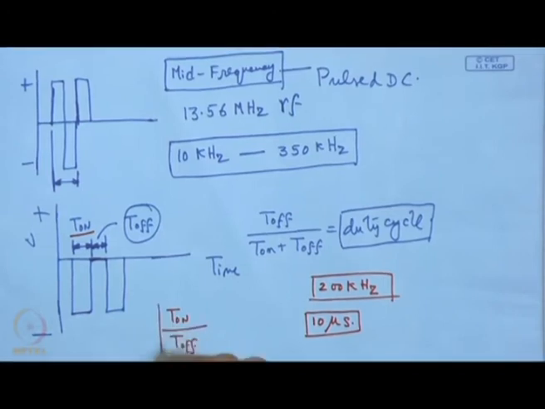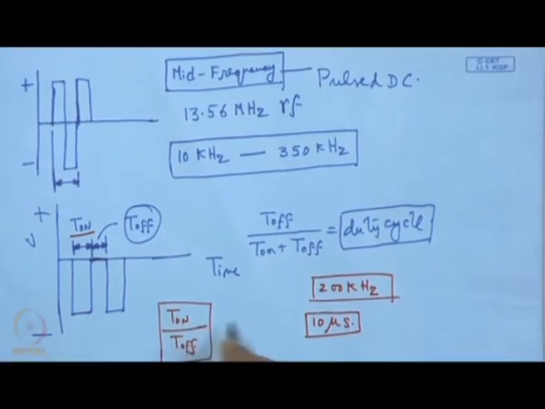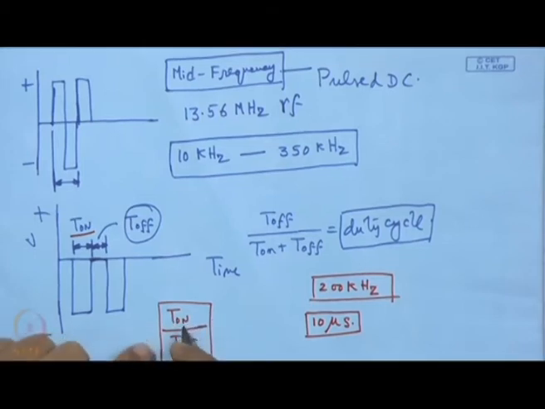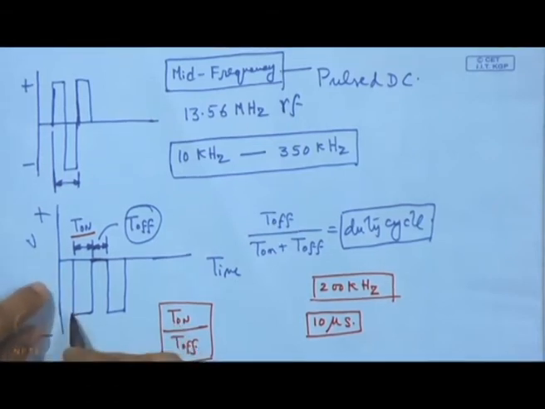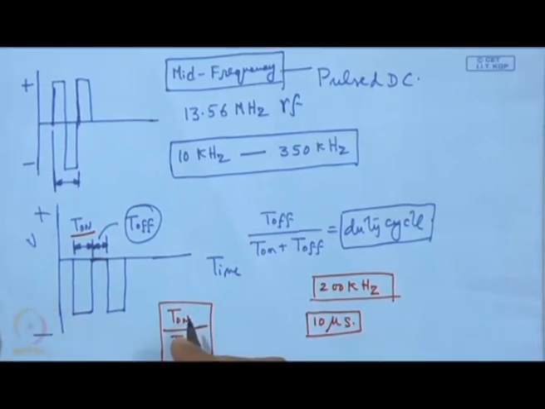Now, what will be T on and T off, that would be quite interesting in that we can allow this thing to get charged. That means the cathode will be negatively polarized to that extent which will be safe and which will not lead to very damaging arc discharge.